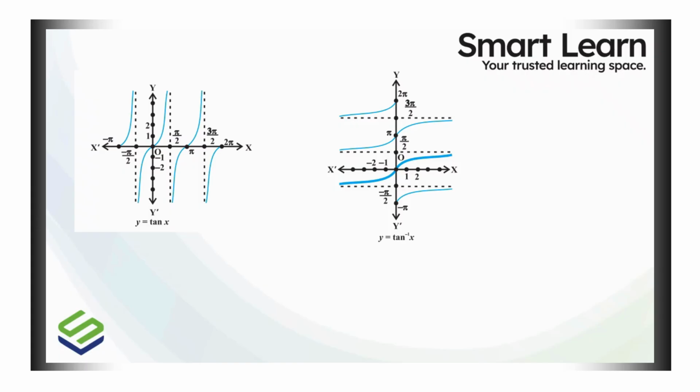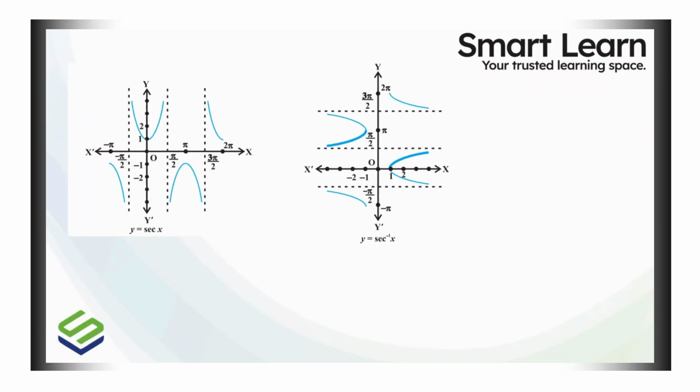Okay, children. Then is the sec graph. Sec also, you know where it is not defined: 1 by cos 90 will be 1 by 0. So pi by 2, 3 pi by 2, it is not defined. Here also the same, but it will come as the domain, and the range is the opposite of sec x.